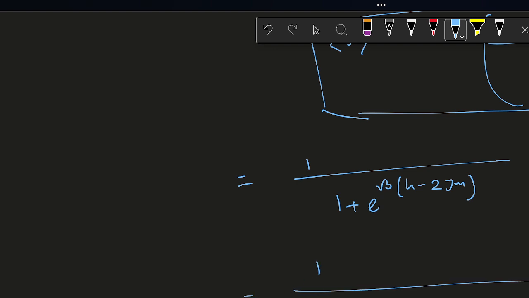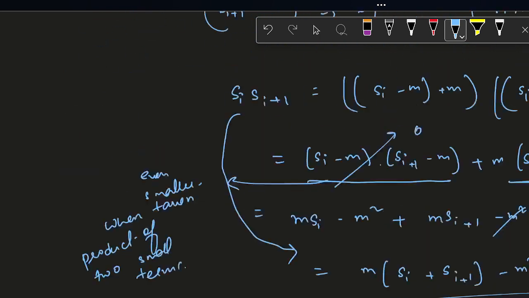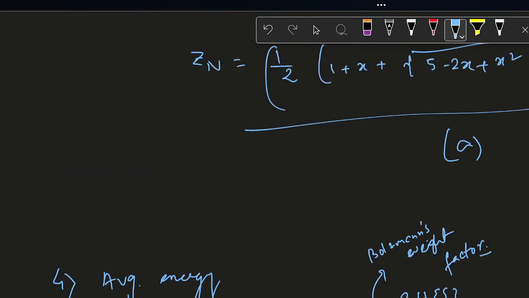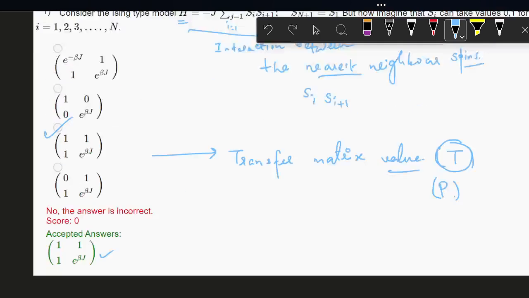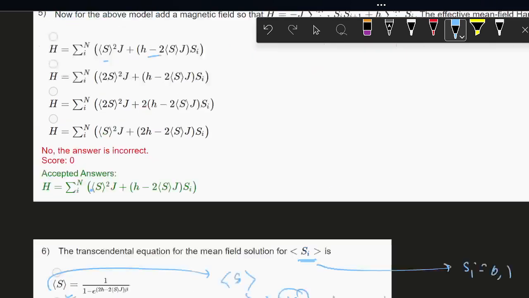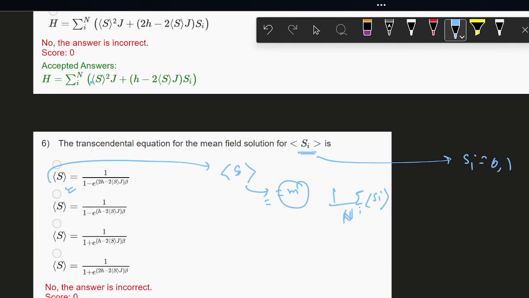That is nothing but 1 plus e to the power of beta times (h minus 2J times average s). Now this exactly matches with our option that is given. This is option number C, I think. So this is your option number C.